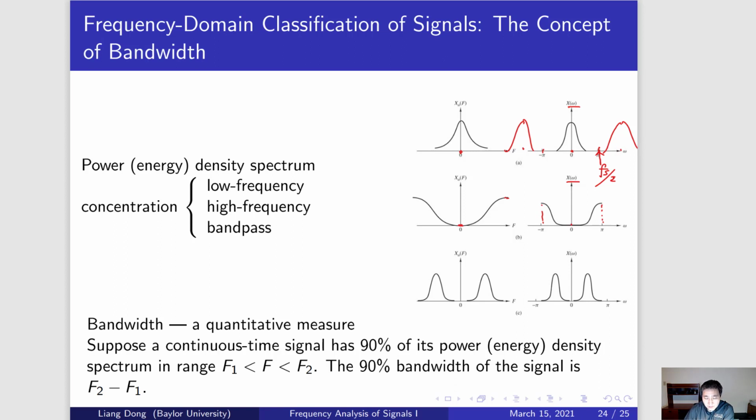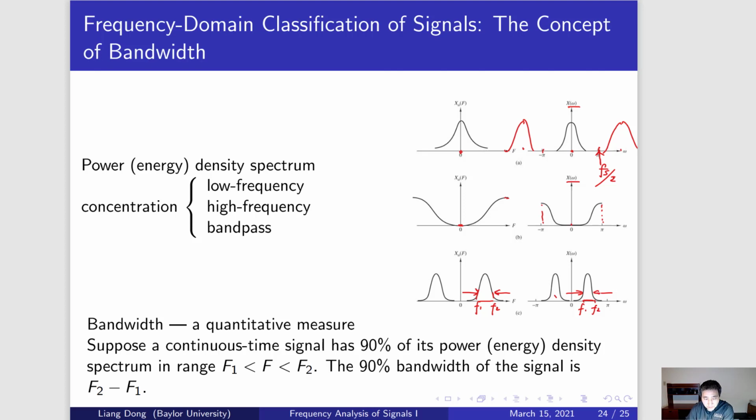A bandpass signal is one where I have energy concentration within two frequencies, f1 and f2. We have a band here within f1 and f2 that has a higher signal energy concentration. So the bandwidth is a quantitative measure of this range from f1 to f2 that has a higher energy concentration.